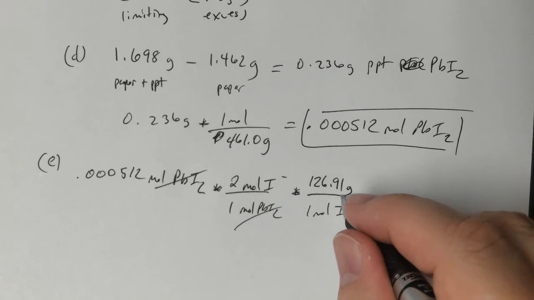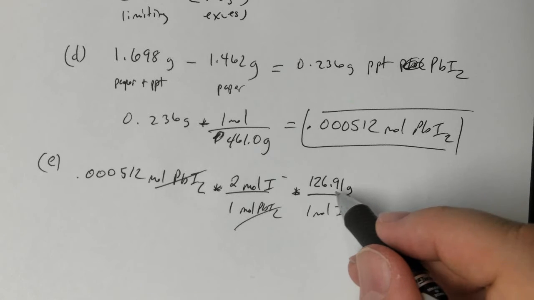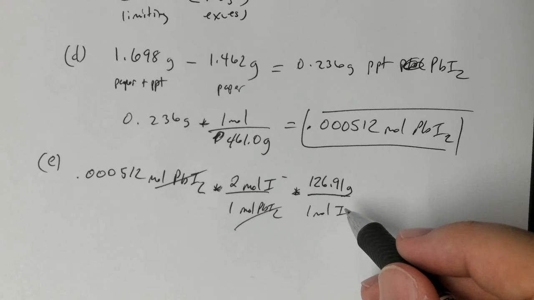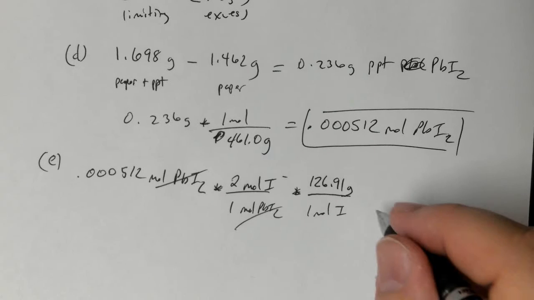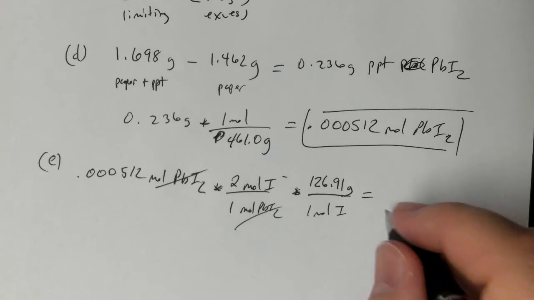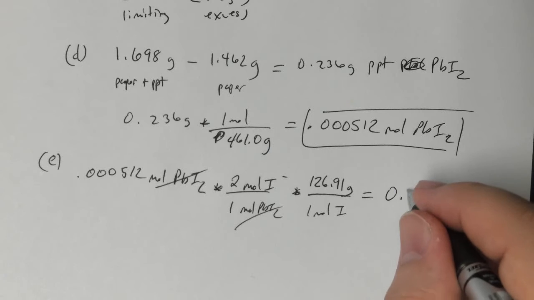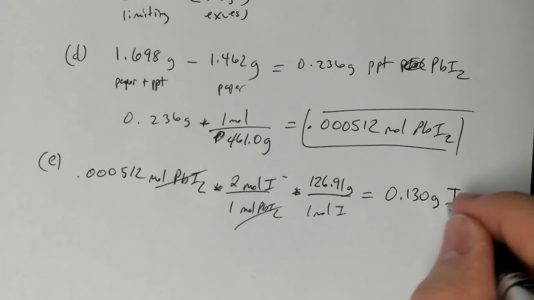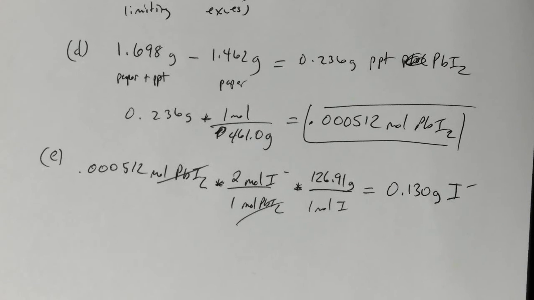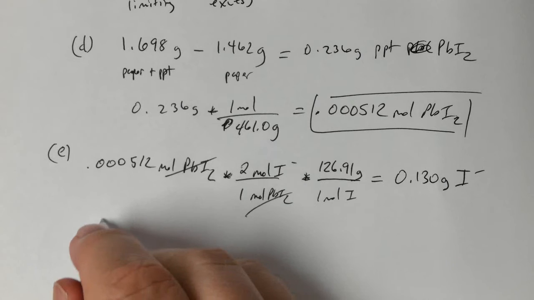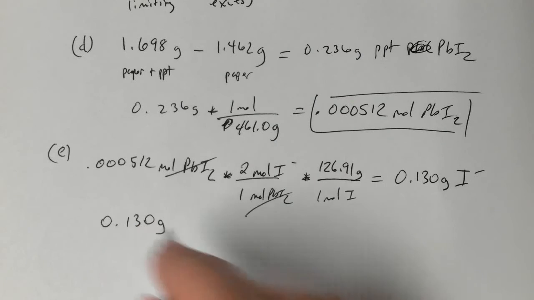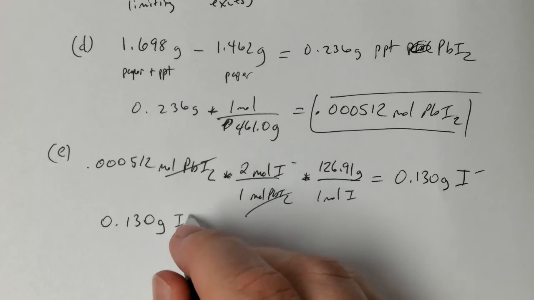And the reason I'm using more decimals in my molar mass than normal is I don't really want my molar mass to be my sig fig limiter in these problems. So 0.130 grams of iodide is what I calculated. So from that tablet, let me write this down, and we'll bring the paper back out and look at it.